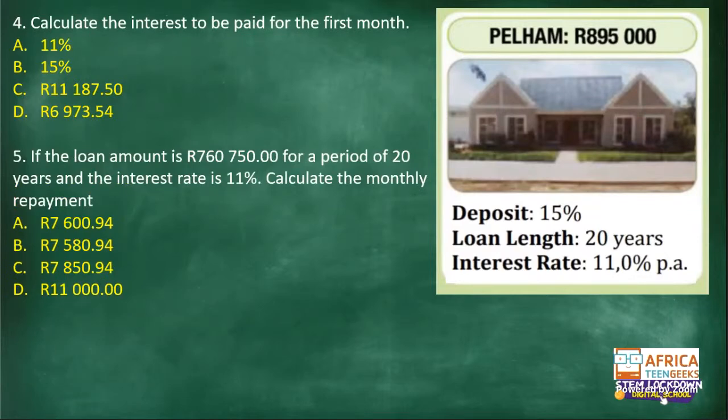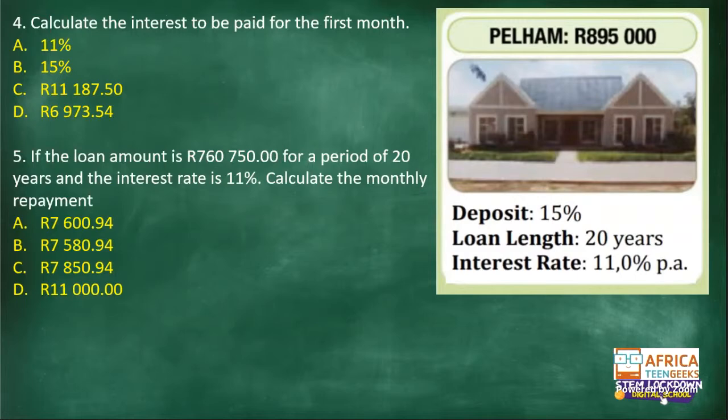Now, we need to calculate the interest to be paid for the first month. Now, remember, I have said to you that the interest rate is 11%. But this 11% is calculated per annum, not per month.